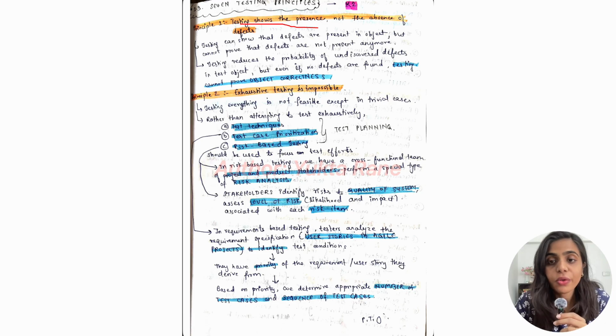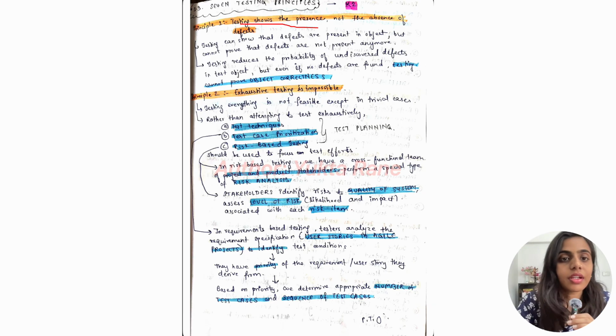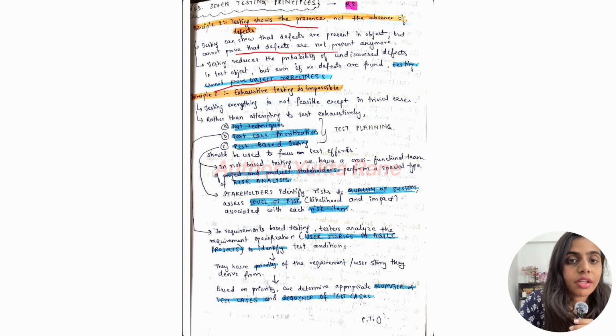Also, it cannot assure that the object is entirely correct. There is a possibility of missing some other defect, and it is not possible to perform entire testing. So that is what this testing principle says. You cannot prove object correctness, and you cannot prove that defects are not present anymore. Okay, this was the first testing principle.